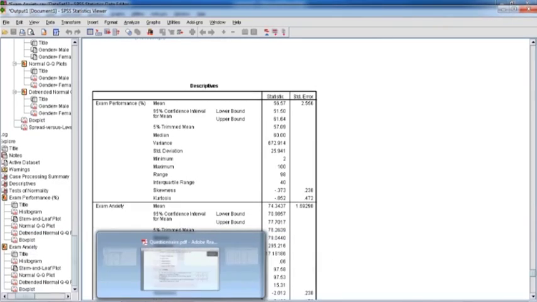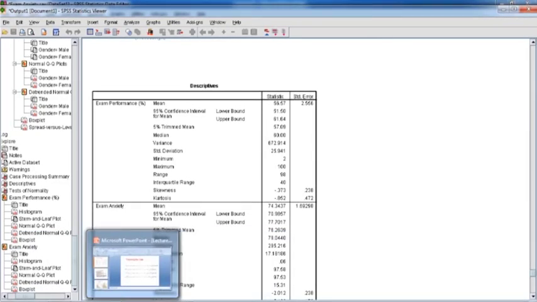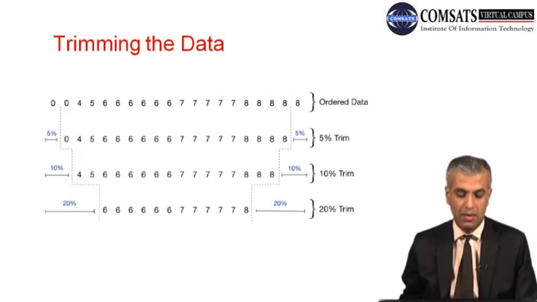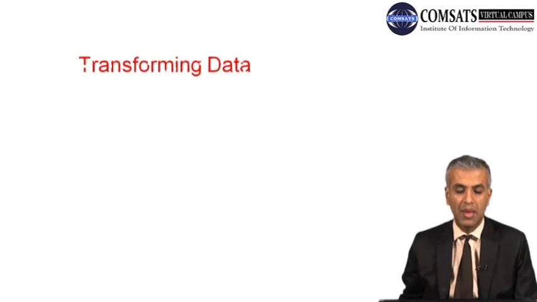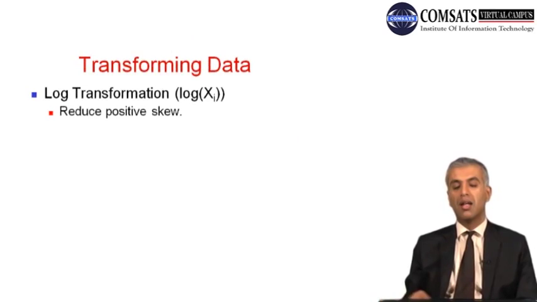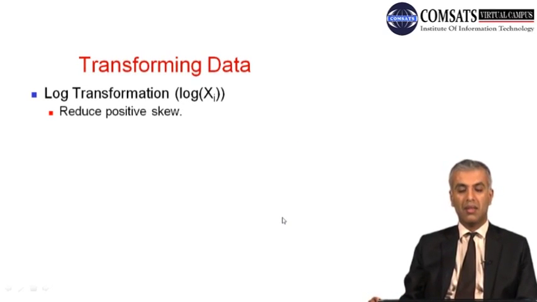So coming to the main method here, the trimming of data is done basically in most cases, and then coming to the data transformation, here you can see there's one additional option of transforming, or basically converting, the data.